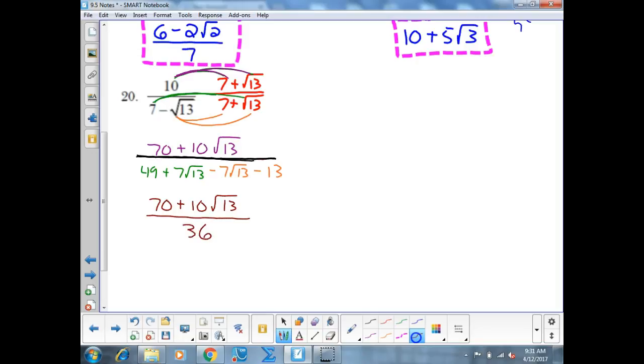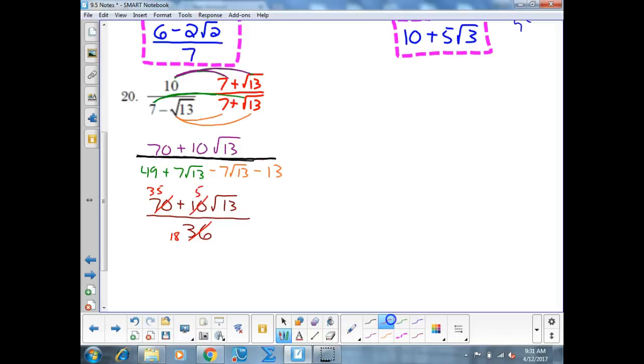What can you tell me about 10, 70, and 36? They are all divisible by 2. So that means we'll go red. 36 divided by 2 is 18. 70 divided by 2 is 35.